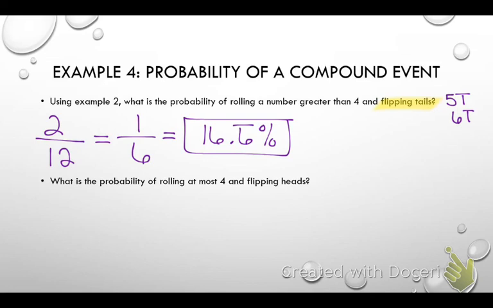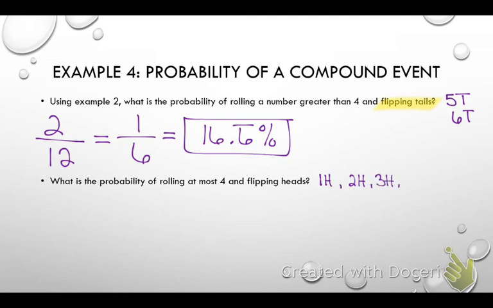All right, and this is just practice. It's not necessarily part of solving. Okay? So what's my first favorable outcome? 1 heads. Is 1 at most 4 and also heads? Yep. What's another one? 2 heads. What's another one? 3 heads.